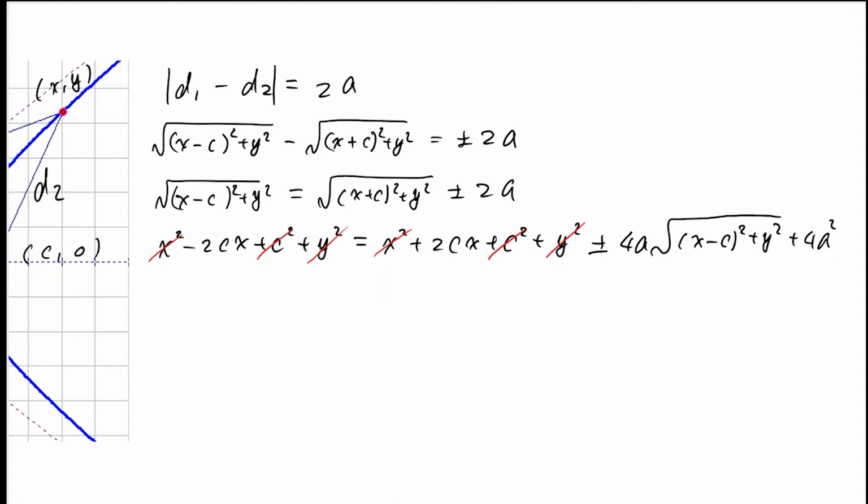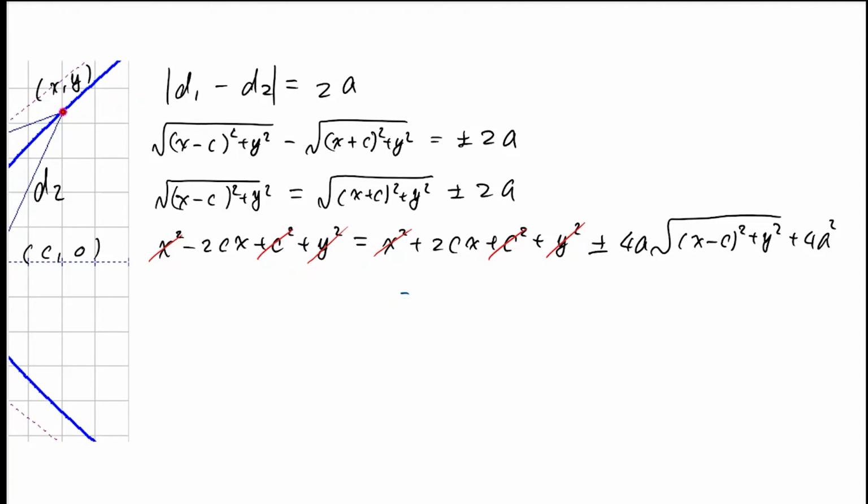Okay, I'm gonna bring something to one side and something else to the other side. Okay, so it looks like 2cx. I'm gonna do it this way. 4a is there, so let's do it this way. Plus or minus 4a square root of x minus c squared plus y squared is equal to, I'm gonna go the other way.